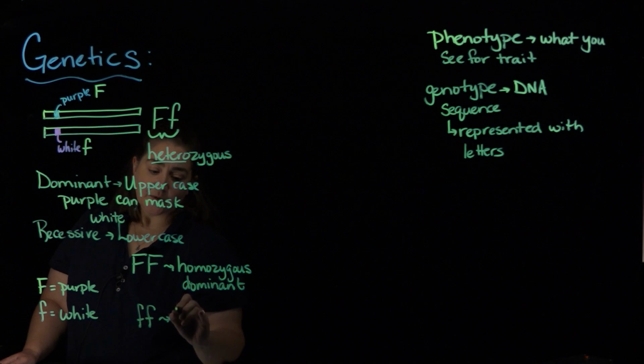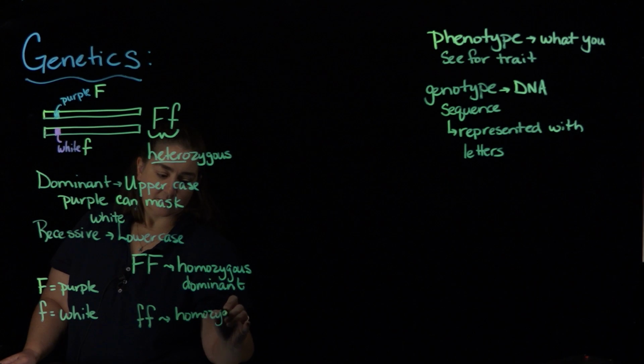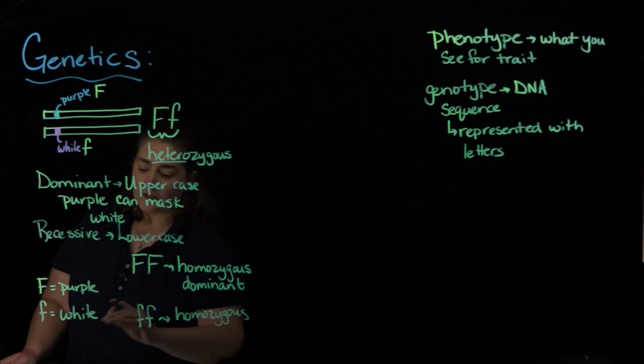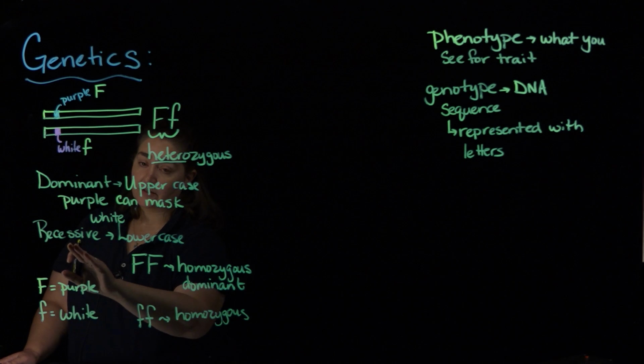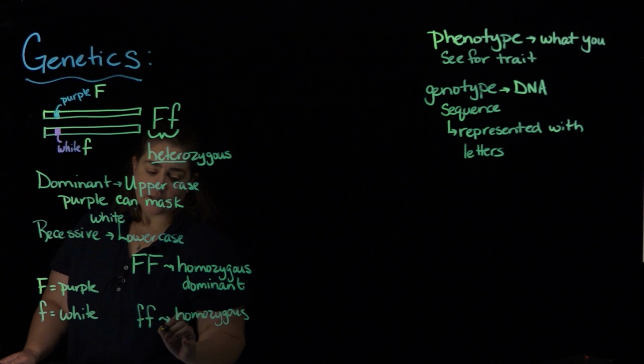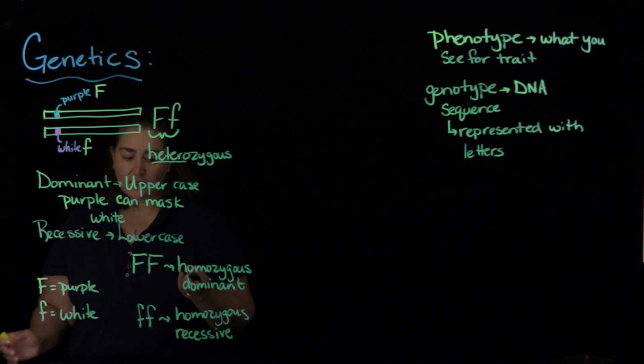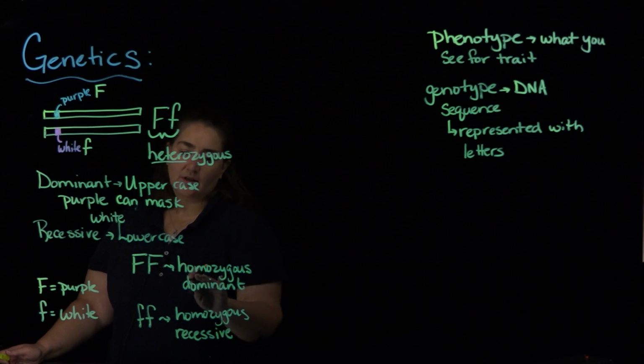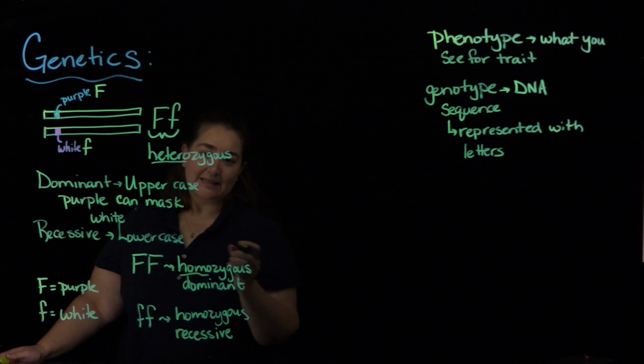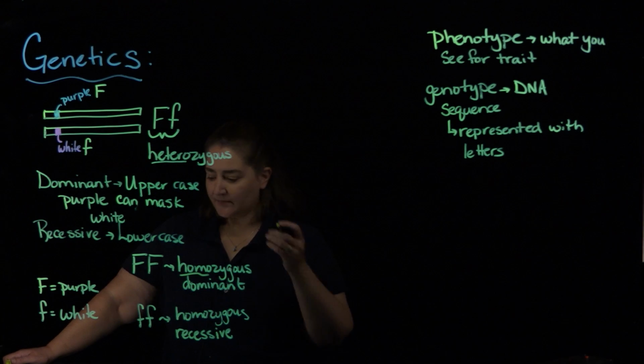This would also be considered homozygous, but now because we've got two lowercase alleles, and lowercase represents recessive, we would call that homozygous recessive, with the homo prefix just meaning same.